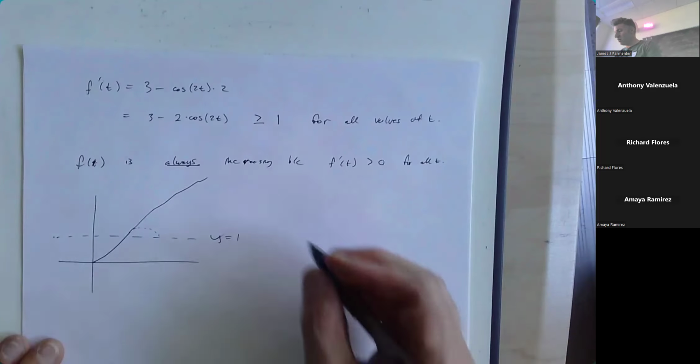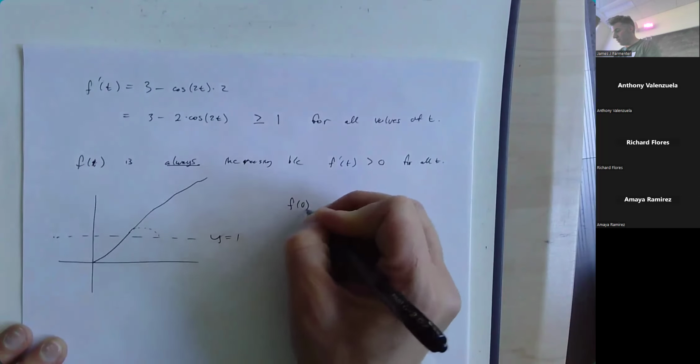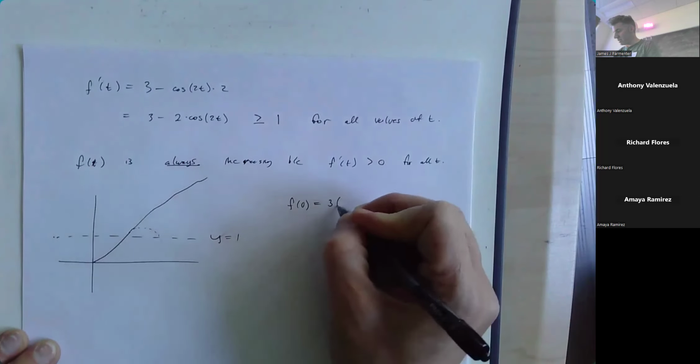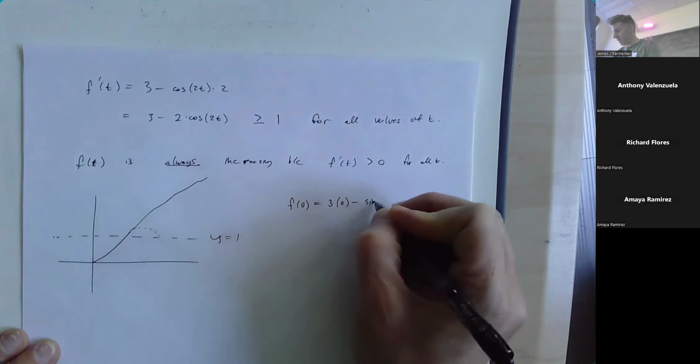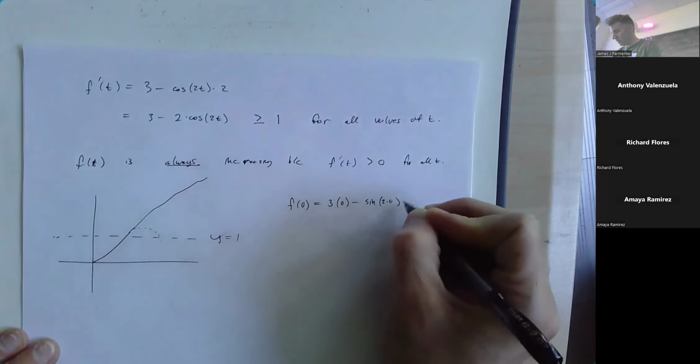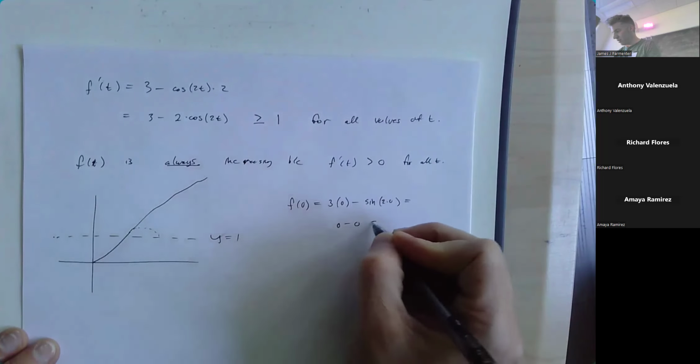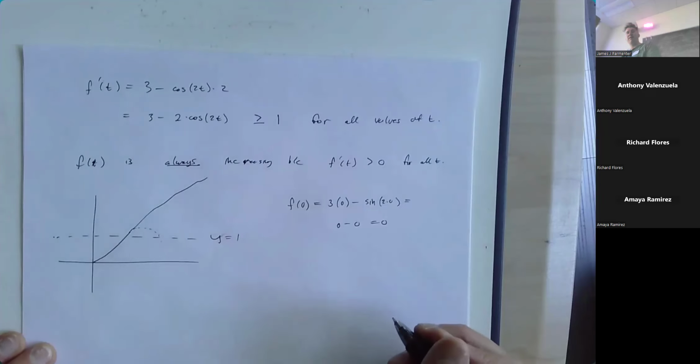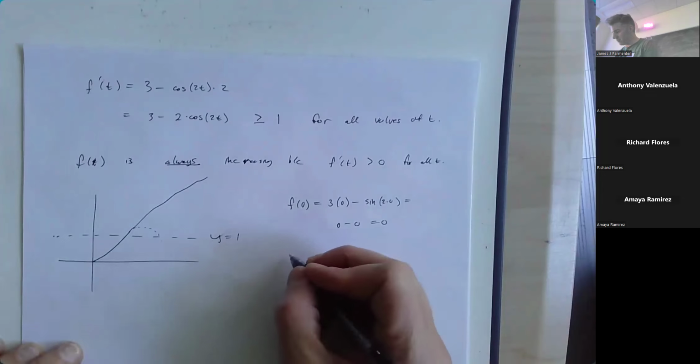We can see that f of 0 is 3 times 0 minus sine of 2 times 0, which is 0 minus 0, which is 0. And then pick some obscenely large value, like f of 2 pi.